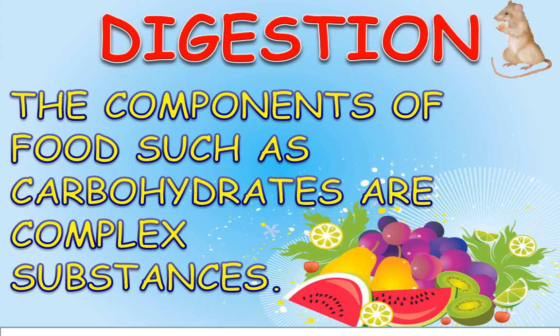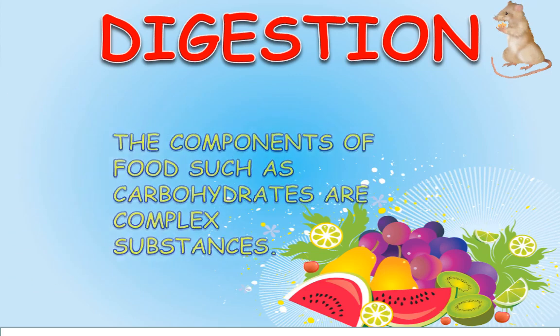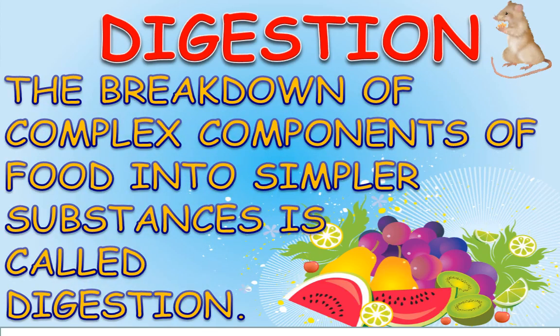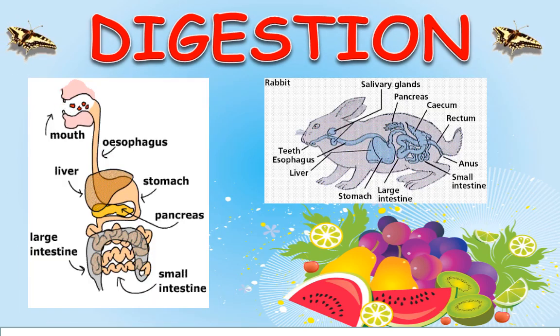These complex substances cannot be used as such, so they are broken down into simpler substances. The breakdown of complex components of food into simpler substances is called digestion. A digestive system is present in animals for carrying out digestion of food.